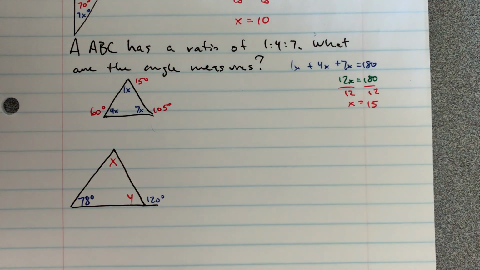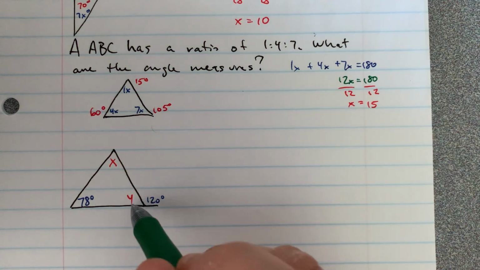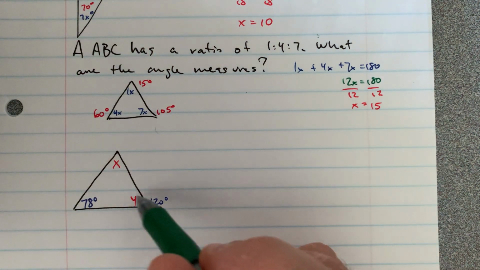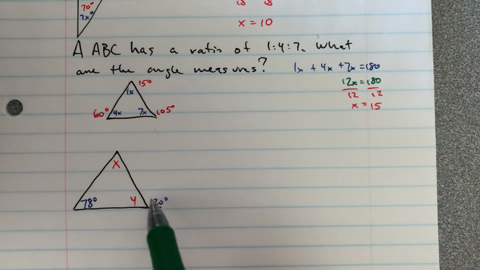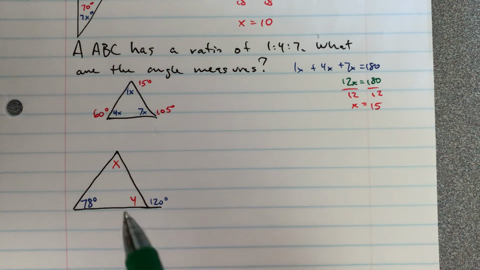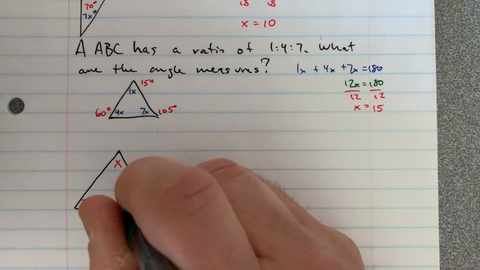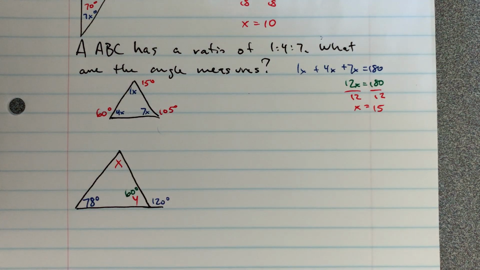When I look at this information, I know that this is a straight line right here. I can kind of ignore everything else. Straight line, so that tells me these two are supplementary. So I know angle y plus this angle should equal 180. So 60 plus 120 gives me 180.